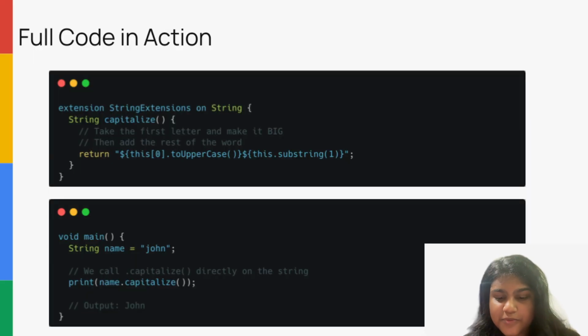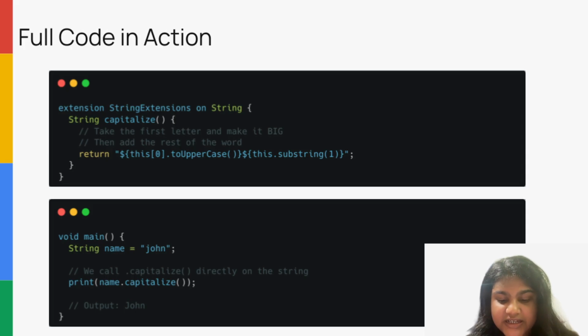Now, let's look at some code. We are defining StringExtensions on String. We want to add a capitalize function which Dart is missing by default. The this keyword mechanism here is that in a normal class, this refers to the instance you're coding in.